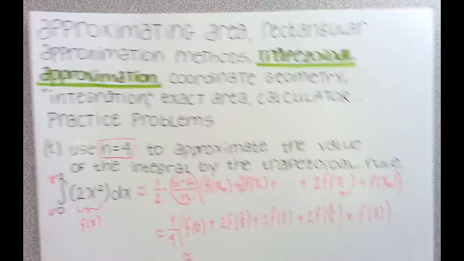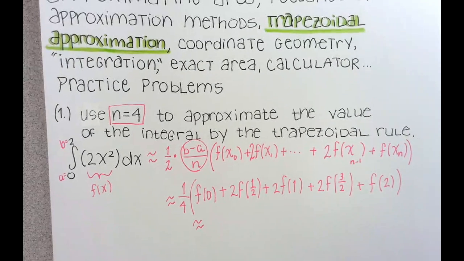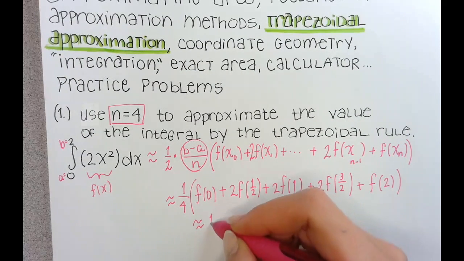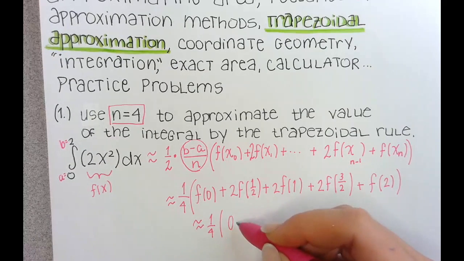Last, to get the answer, I'm going to evaluate now, so the 1/4 is out front. F of 0, we're going to get 0.